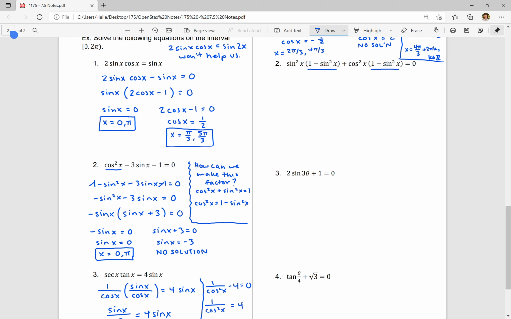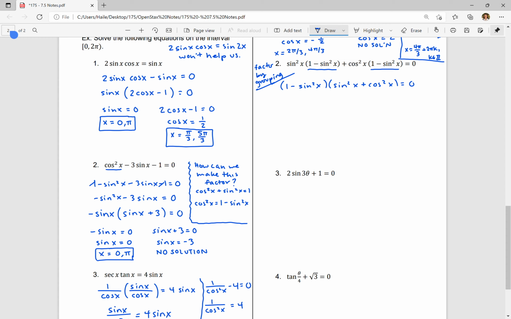So we can factor that out as a common factor in both terms, and we end up with this. So we get 1 minus sine squared of x times sine squared of x plus cosine squared of x is equal to 0. So this is also called factor by grouping, if you've heard of that before.